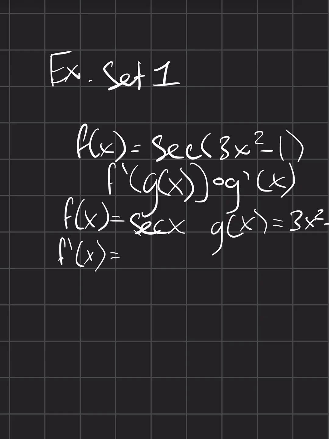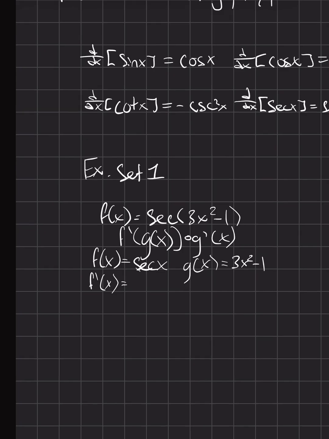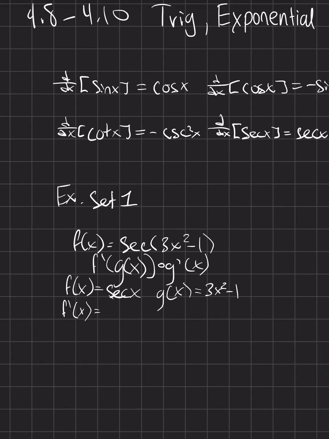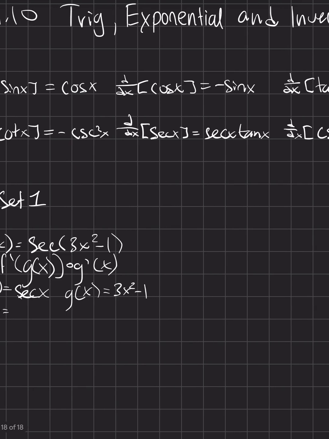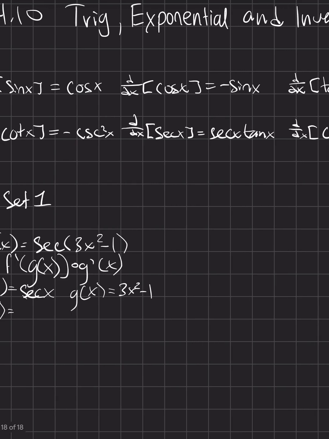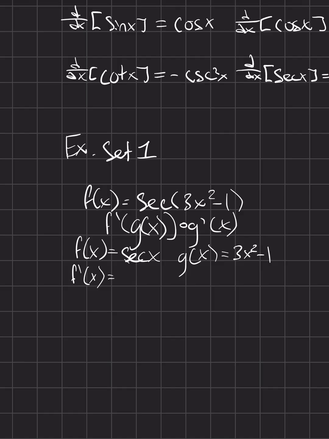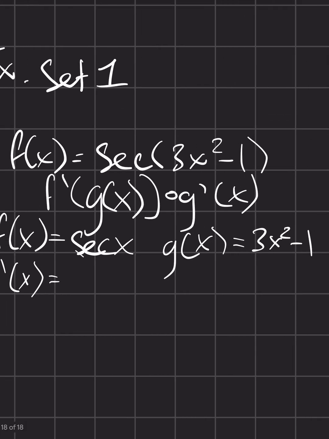So f prime of secant, what was the derivative of secant? We can come back up here and look. It was secant x times tangent x. But we have to remember to put in our g of x.